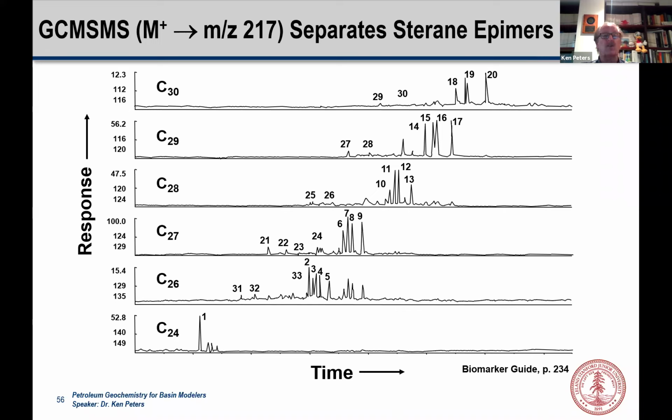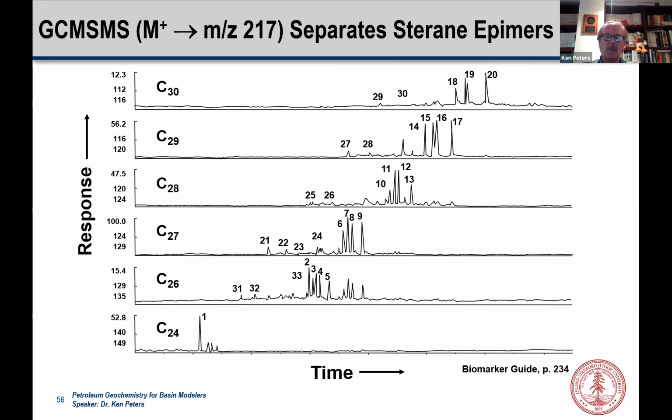We focus on the 217, so it has to be a sterane, but it has to be a sterane with that molecular mass. So these are C26, these are C27, these are C28, 29, and 30. Well, if you put those all together, that would be your GCMS run, and you can see how they would interfere with each other. Again, this is a standard that's used.